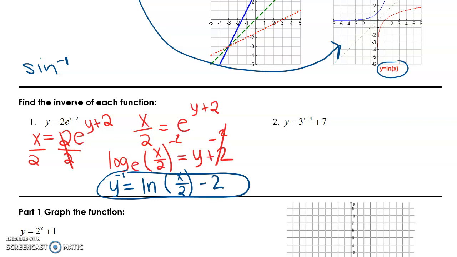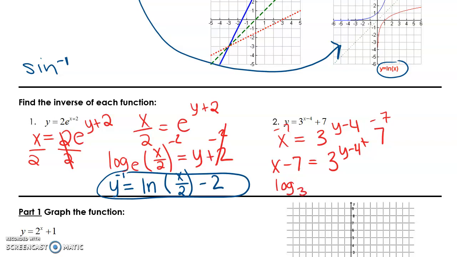We're going to do another one of these problems. Start off by switching x and y. So I get that x equals 3 to the y minus 4, plus 7. Start off by isolating my exponential term. x minus 7 equals 3 to the y minus 4. Now I'm going to convert this to a logarithm. So the base is the base. That's going to be log base 3 of x minus 7 equals y minus 4.